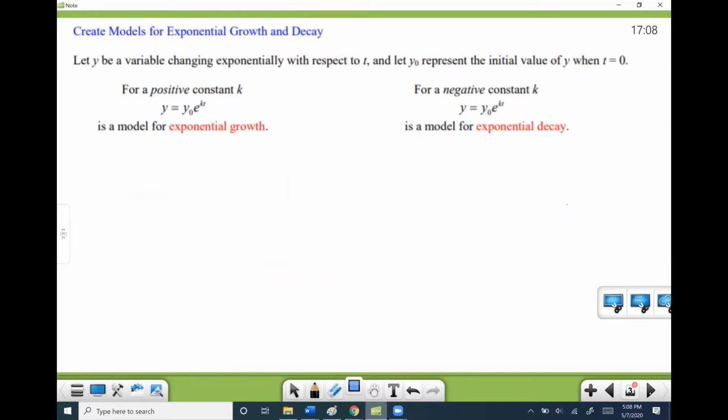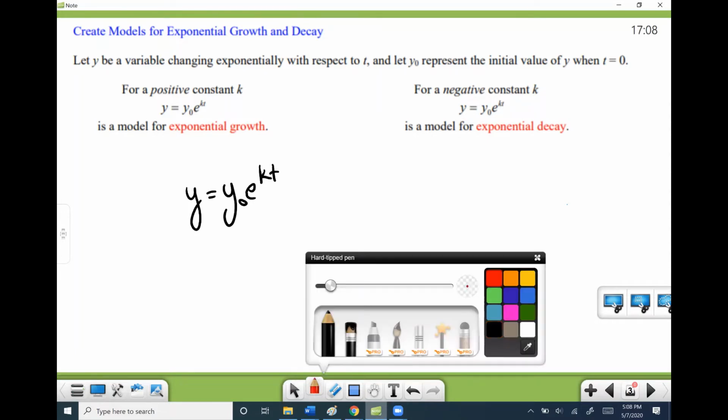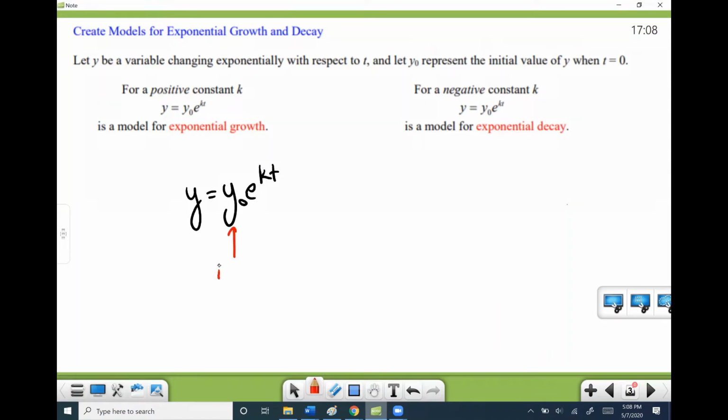So this is an extremely well-known formula, okay, for exponential growth or decay. So y naught is going to be the initial amount of whatever.